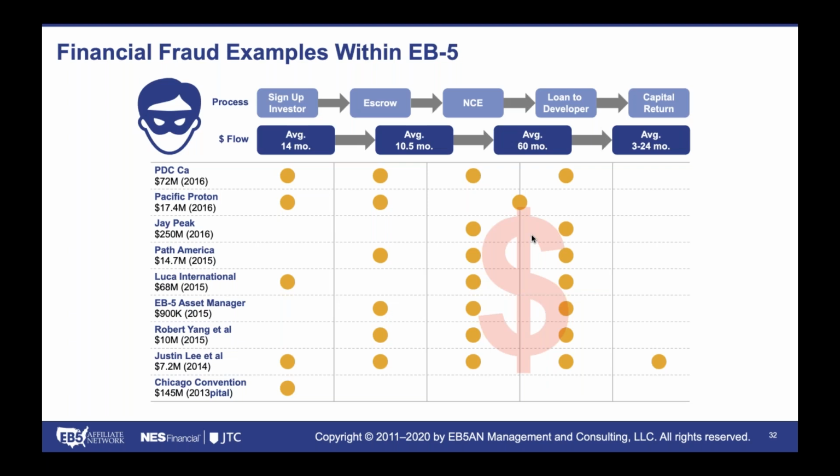Up top is the process we just walked through, of how funds have to move. You can see that the majority of fraud tends to occur between the money hitting the new commercial enterprise and the loan to the developer, which highlights the importance of third-party administration over that aspect of the fund administration policy.